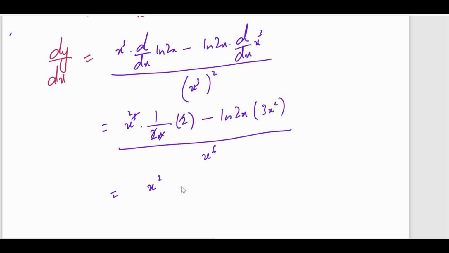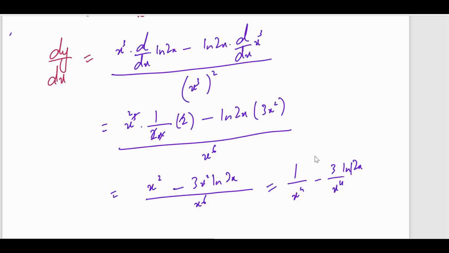So this will be x square minus 3x square natural log of 2x, whole divided by x power 6. We can simplify it further. So this will be 1 by x4 minus 3 by x4 natural log of 2x. This will be the final answer.